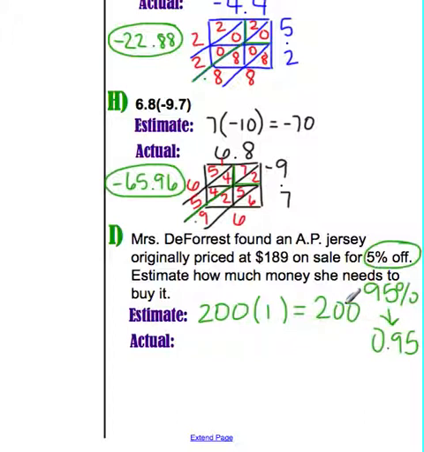So now I need to take my 189 times my 0.95. So my 95%. In this case here, it's going to be 3 by 3.